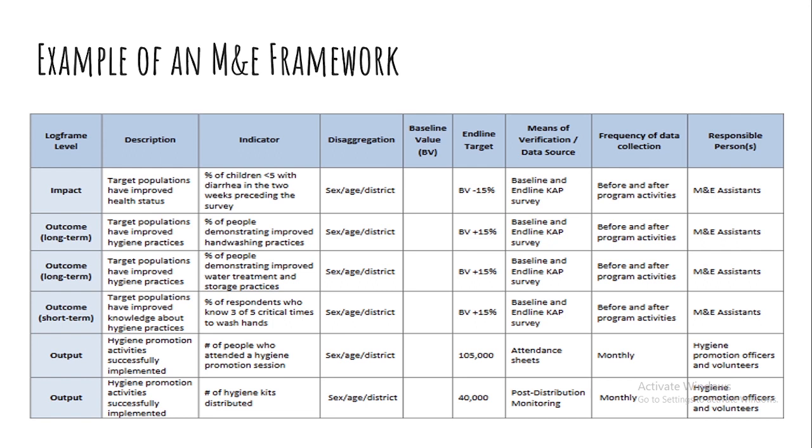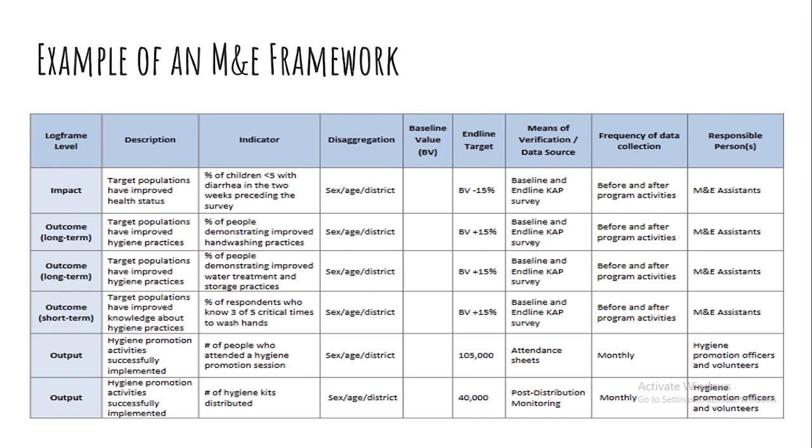So you do this for all your project hierarchies. Here they have 3 outcomes depending on the project, which are all outlined and described: the indicators, the disaggregation, the baseline values, the endline targets, the means of verification of the data sources, how frequently this data will be collected, and who will be responsible, and also the outputs.